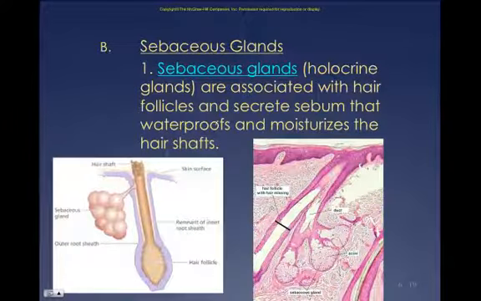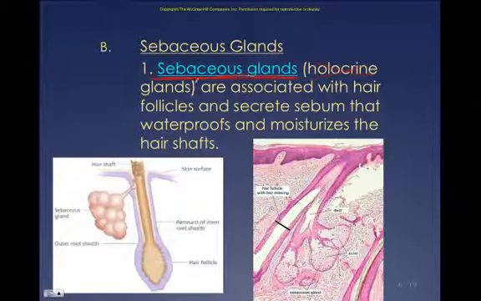So sebaceous glands are going to be these specialized, what we call holocrine glands. Don't worry about this. We didn't talk about holocrine glands and the different types of glands, so I don't care that you know that term. We're going to focus on the fact that they're called sebaceous glands, okay?